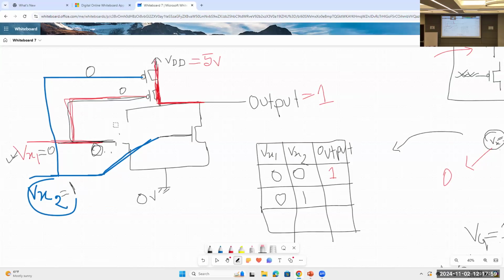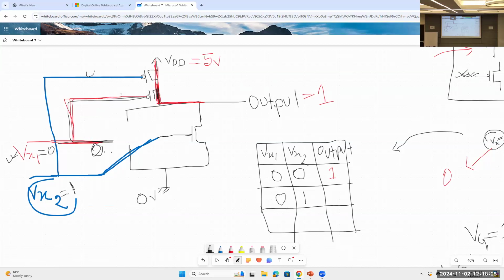So there will be no connection here. And this same 0 input will go to this PMOS. If the PMOS gets 0, it turns on, so it's connected already.